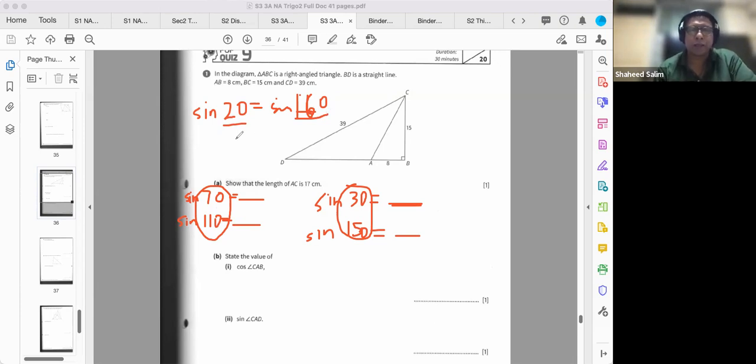Another way of saying it is sine x is the same as sine of 180 minus x.